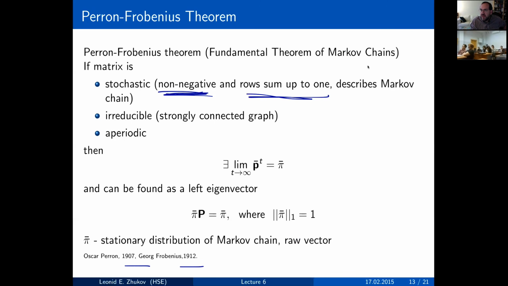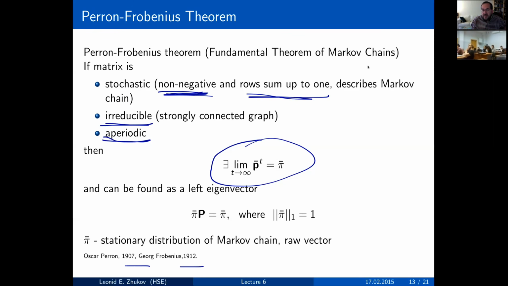So that makes them sum to 1. Now, if the matrix is irreducible, in terms of the graph, it means that the graph is strongly connected, or from every node you can get to any other node. And if the graph is aperiodic, or the matrix is aperiodic, then the Perron-Frobenius theorem tells us that this limit exists.